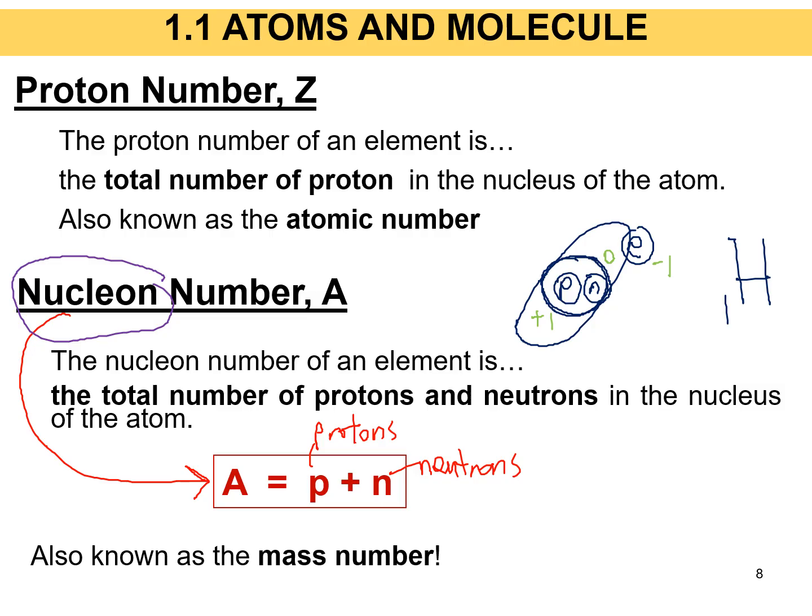Kalau you ingat nuclear number, you ingatlah nucleus. Kalau you ingat nucleus, you tahulah dalam nucleus hanyalah ada proton dan neutron. And nuclear number is also known as the mass number.